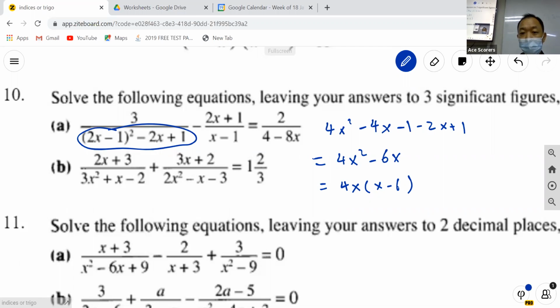So the denominator looks weird. Did I make any mistake? 4x squared plus 1, sorry, calculation error.